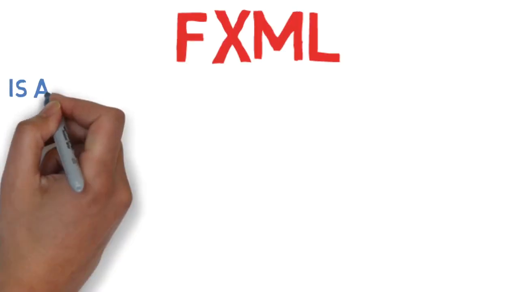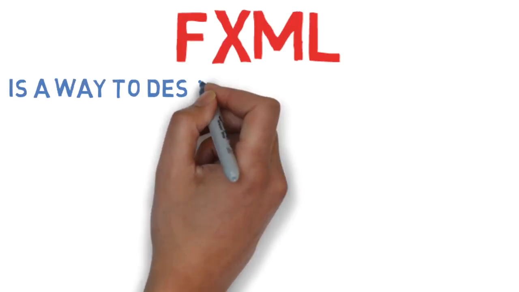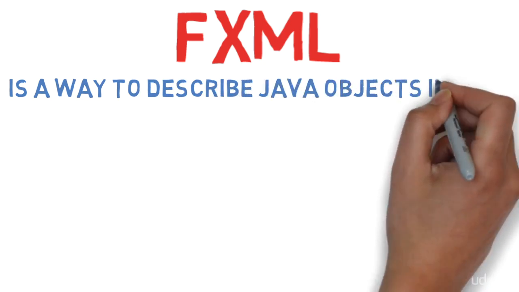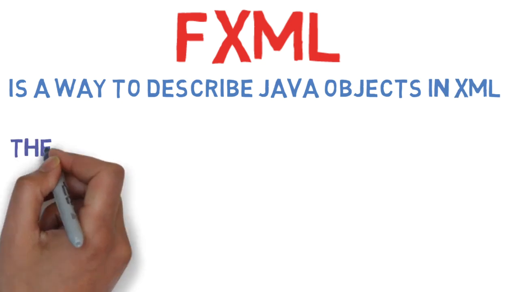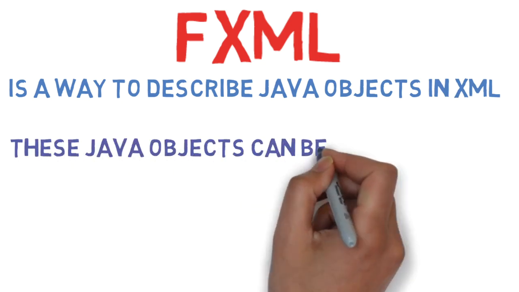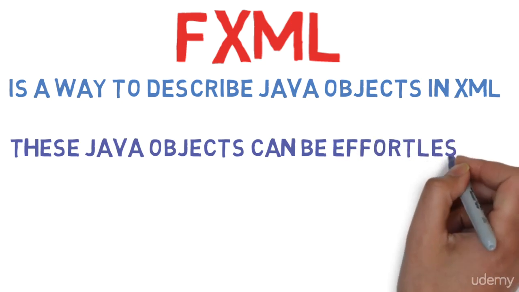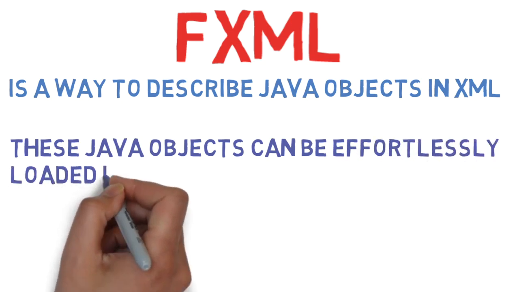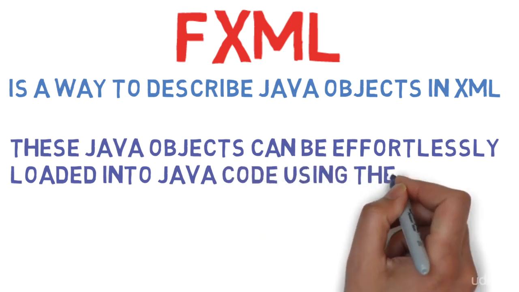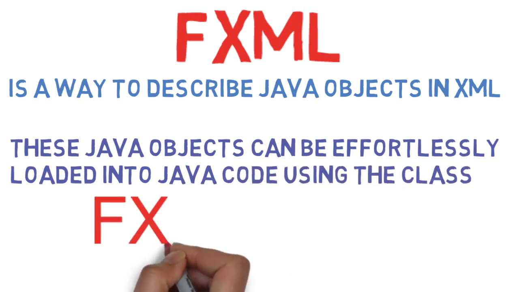Java code uses Java objects. That is a truism. FXML is a way to describe Java objects in XML using markup and specific tags. Once we have these Java objects, they can be effortlessly loaded into Java code using a special class especially made for this purpose. And that class is the FXML loader.